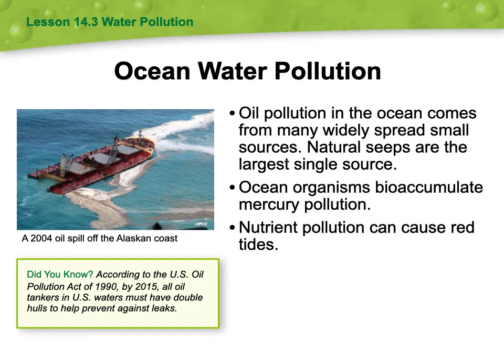Like I say, it's a lot of petroleum products, but ocean organisms will actually bioaccumulate a lot of this pollution. And what that means is the smallest organisms in the ocean will accumulate pollution. And this example on the slide is talking about mercury.